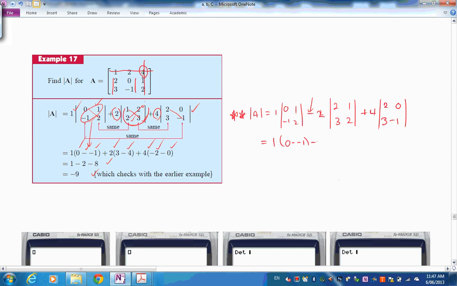Now we've got a 2 negative in front. And so when we do this, it will be 4, AD take BC, 4 take 3, plus 4 by AD, -2 take 0. It's going to be 1 by 1, take here 2, take 8. And so still going to be -9.